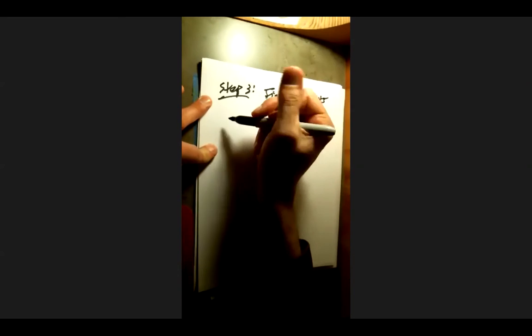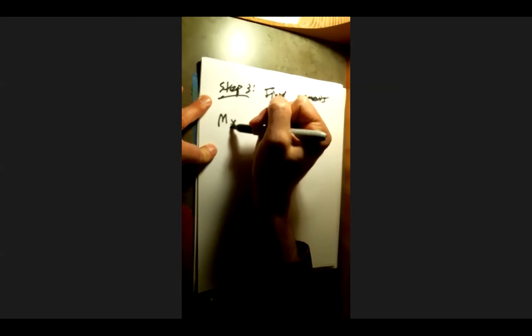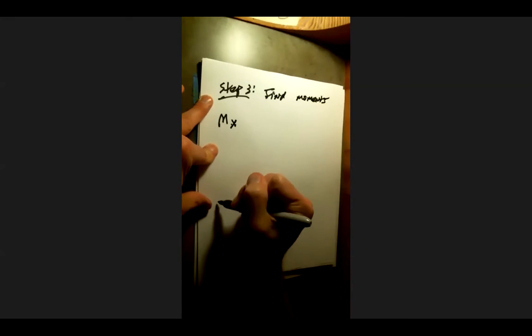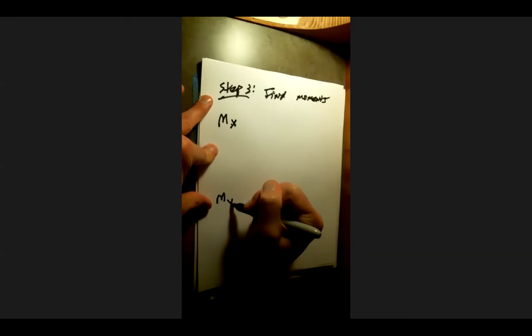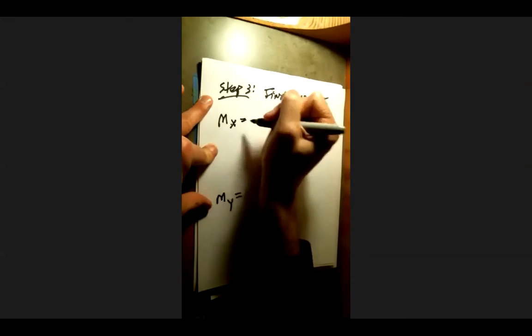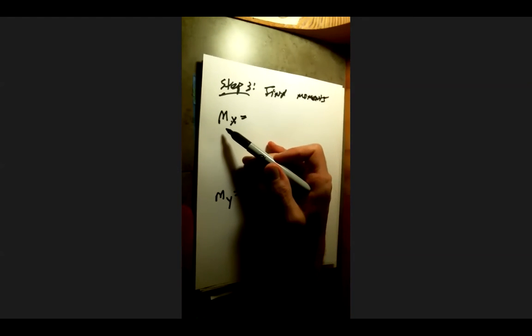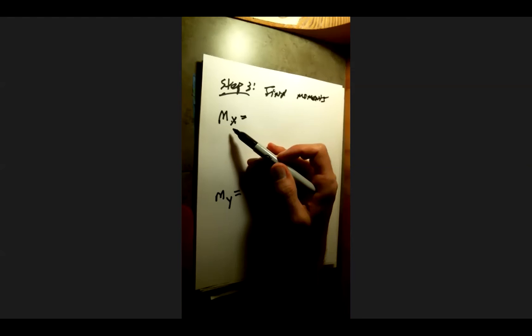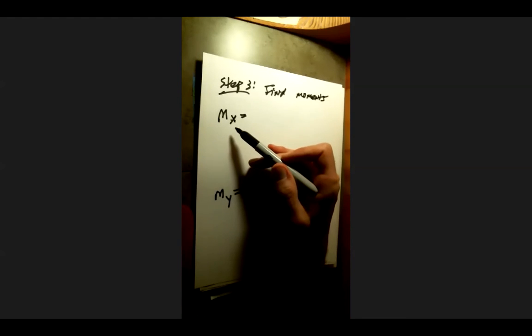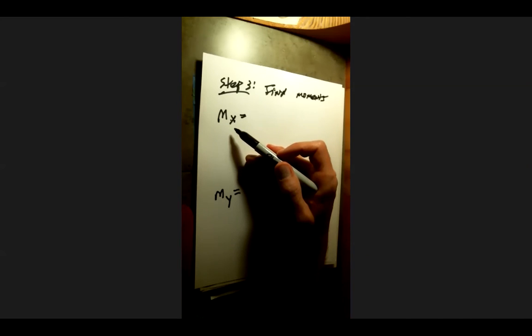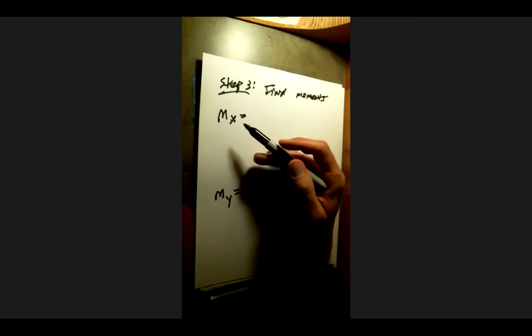You're going to end up with a formula for Mx, and another one for My. The moment about the x-axis, Mx, will need the distance from the x-axis, which is not y bar, that's what we're finding. It's going to require y itself.